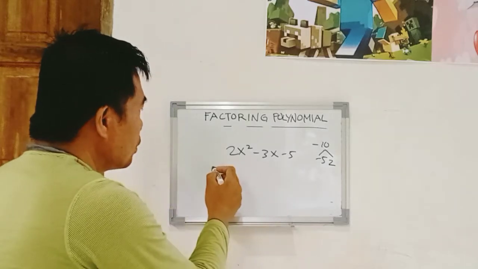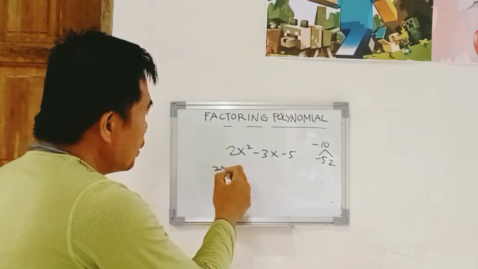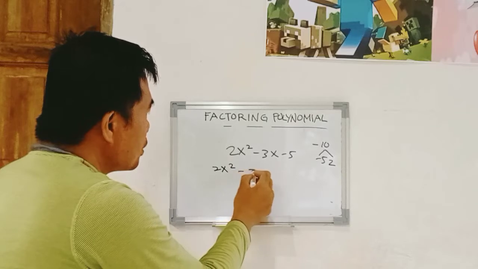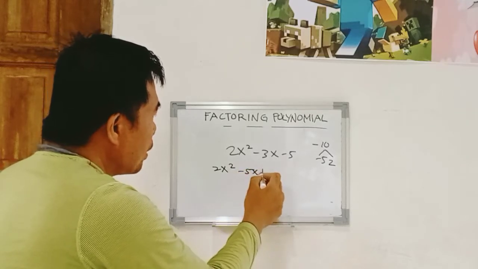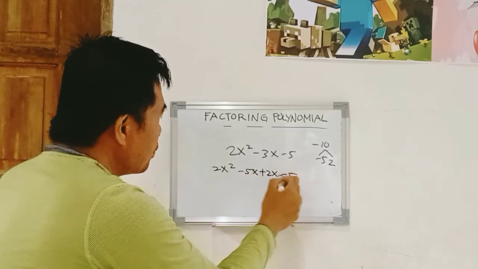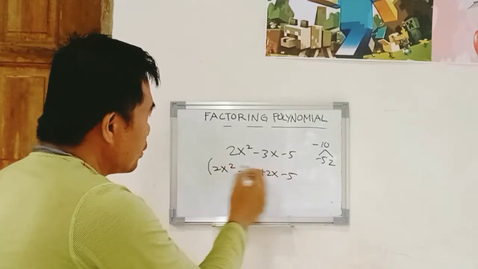So 2x squared minus 5x plus 2x minus 5. So we group these terms.